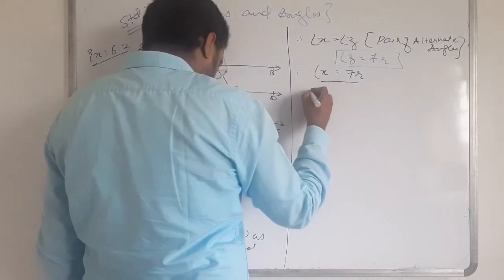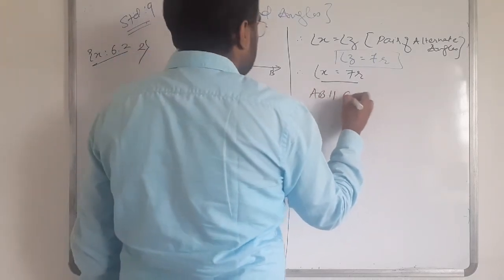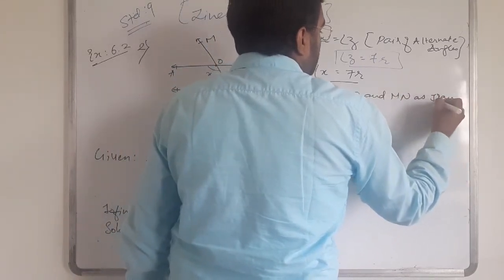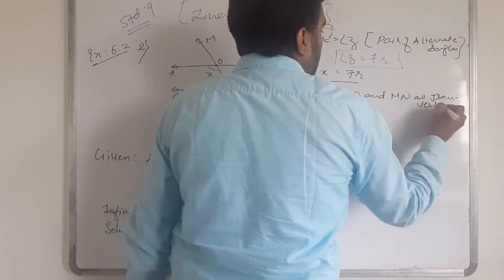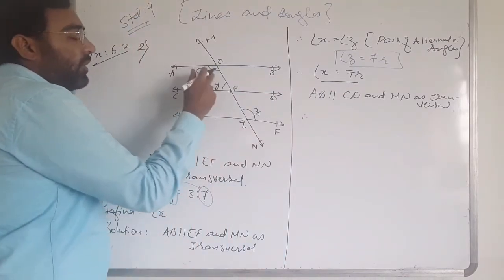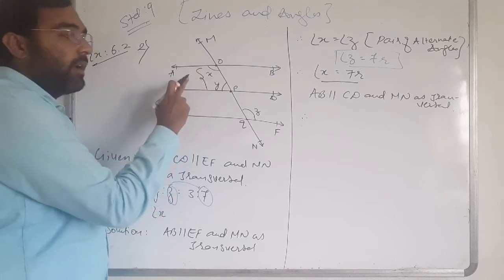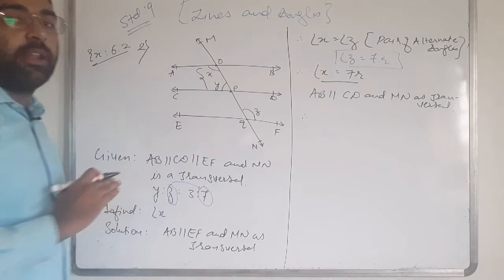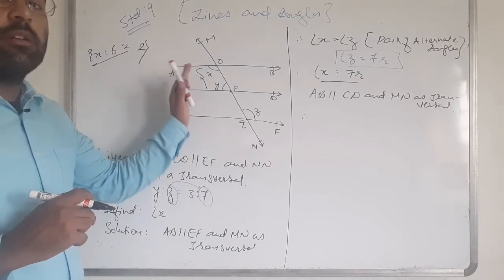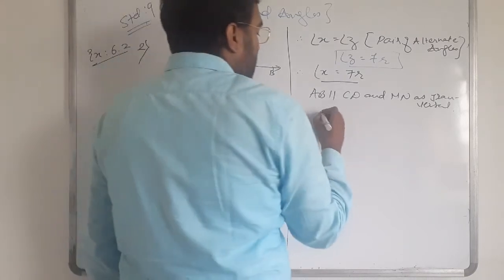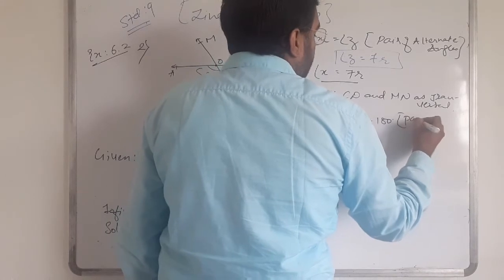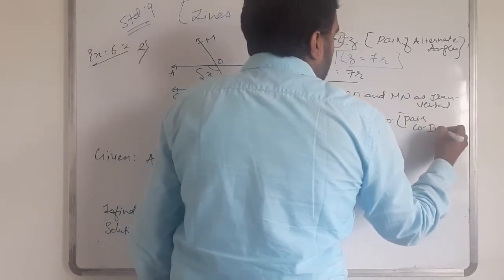When I remove EF and take only AB parallel to CD with MN as transversal, we see that angle X and angle Y are in the same direction and make a pair of co-interior angles. So angle X plus angle Y is equal to 180 because of the pair of co-interior angles.